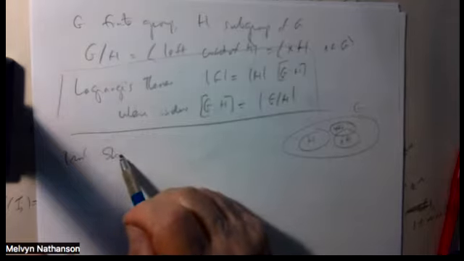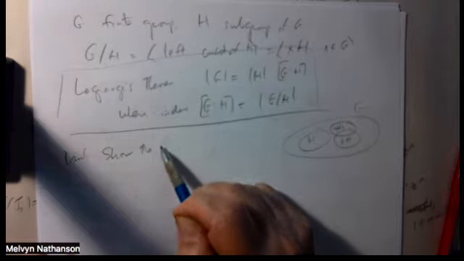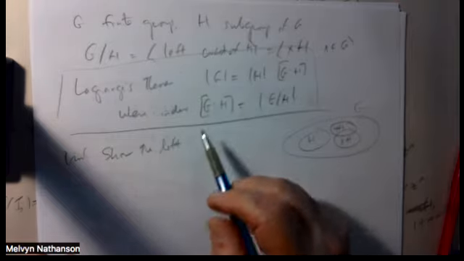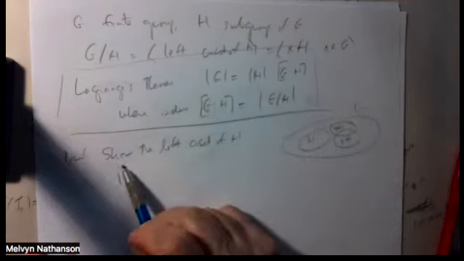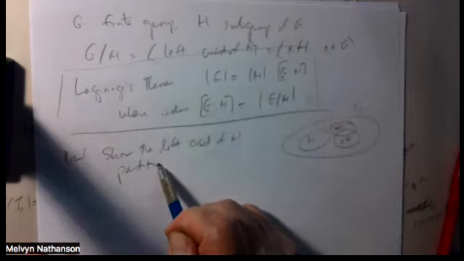So the first thing I want to do is to show that the left cosets of H partition G, divided up into sets that are pairwise disjoint.